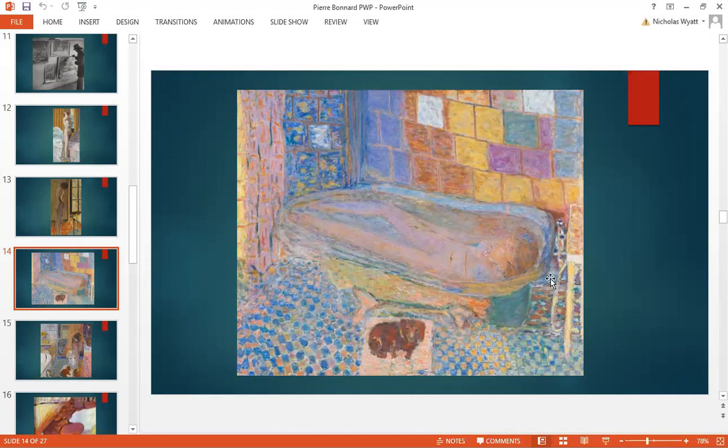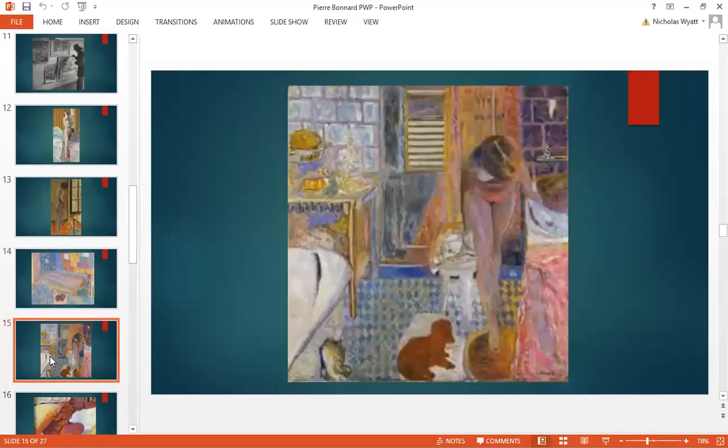And so, objectively, if you'd walked into the bathroom that morning, it would have been obviously very bright, but you would not have had that same experience, because this is Bonnard's experience, and this is the experience that he's communicating in his paintings. Likewise, this was Bonnard's experience when he saw Martha bending down, having got out of the bath.